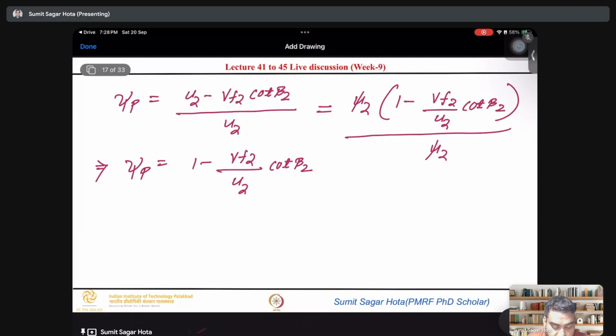We also know that the angle phi 2 is more or less equal to Vf2 by U2. Okay, we can just substitute here.